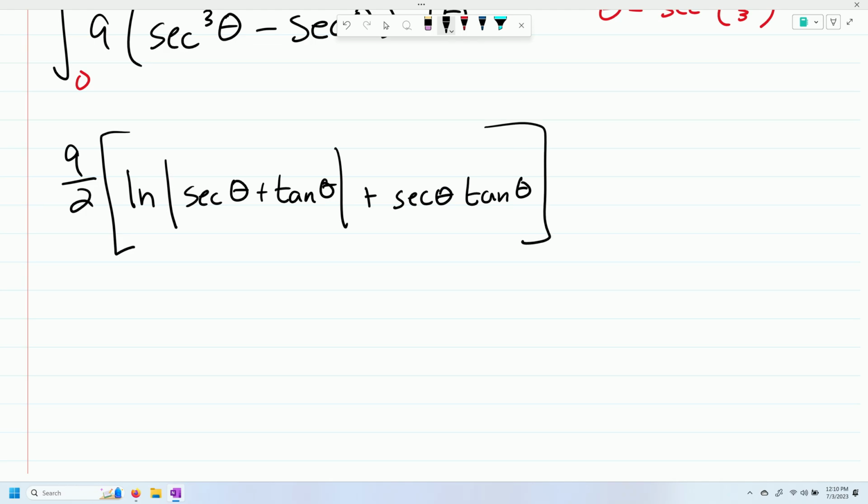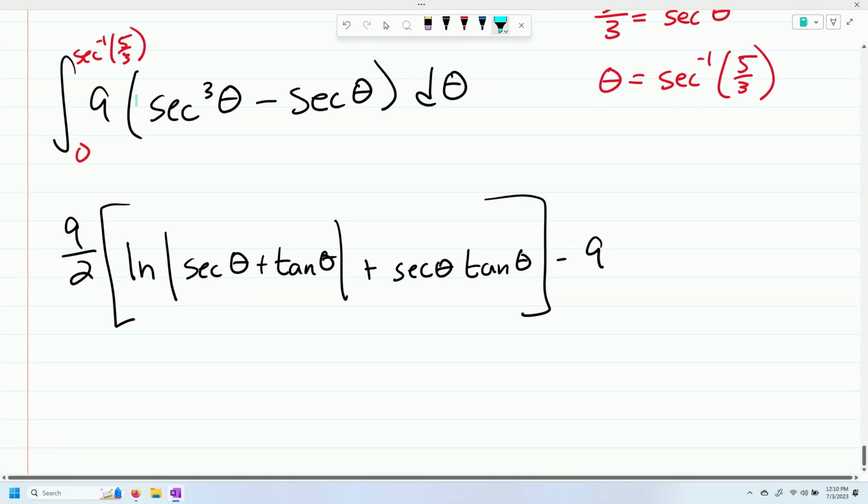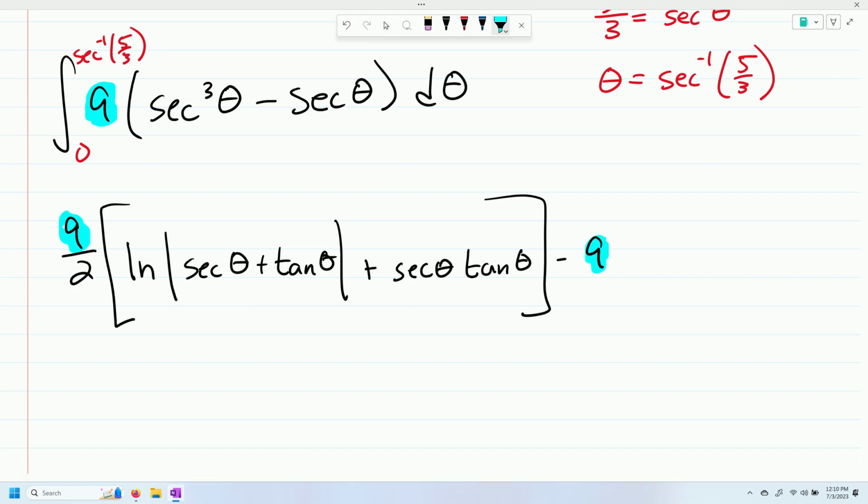Now, that is the first integral. The integral of secant theta is going to be 9 times the natural log of the absolute value of secant theta plus tangent theta, because remember, this is the 9 right here, so you distribute that to both.